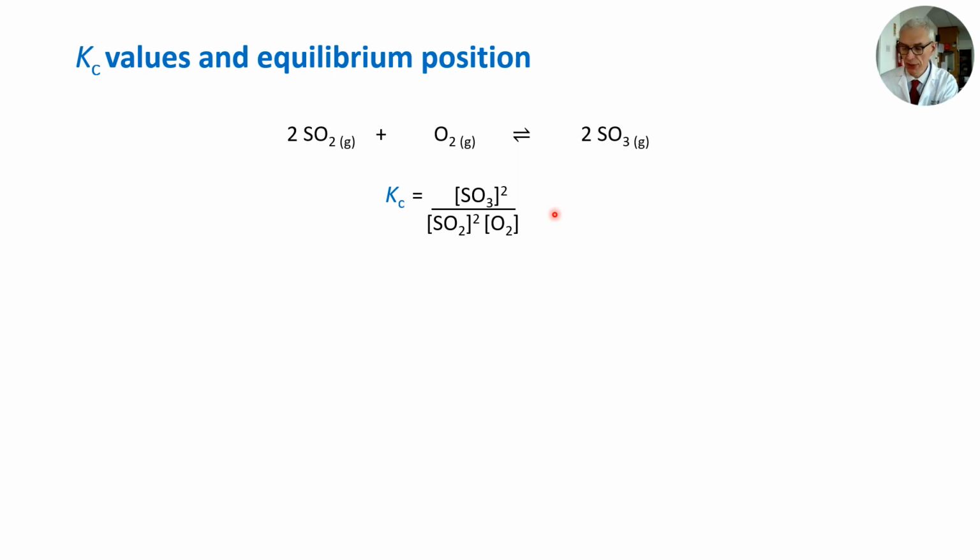Now, in its simplest form, we can think of the Kc expression as simply being a comparison between the right-hand side and the left-hand side. So the larger the right-hand side compared to the left-hand side, then the greater the value of Kc. If the right-hand side concentrations are small or low, and the left-hand side concentrations are high, then the value of Kc will be small.